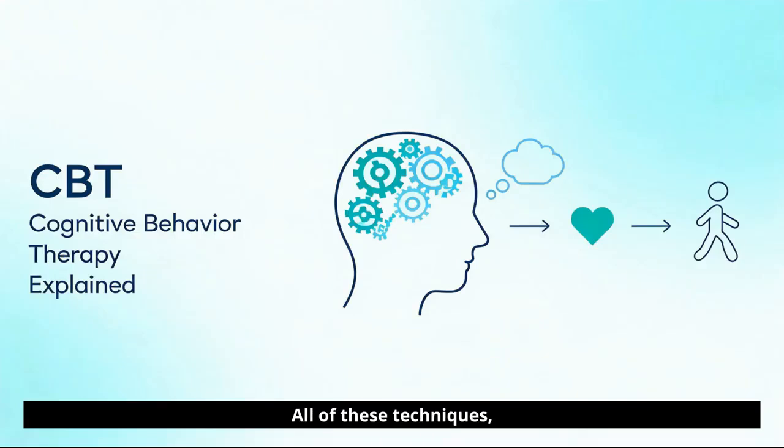All of these techniques, automatic thought identification, thought records, cognitive restructuring, behavioral activation, exposure, and behavioral experiments, rest on the basic CBT model that thoughts, emotions, physical sensations, and behaviors are interconnected and influence one another.